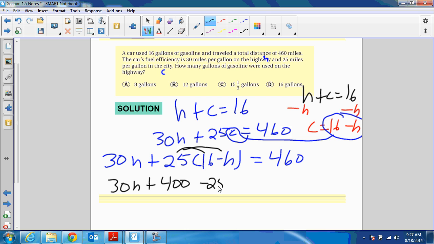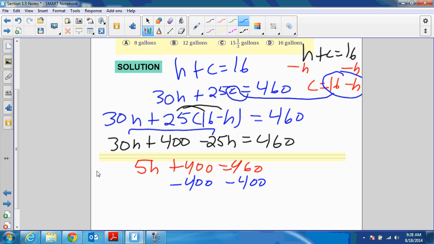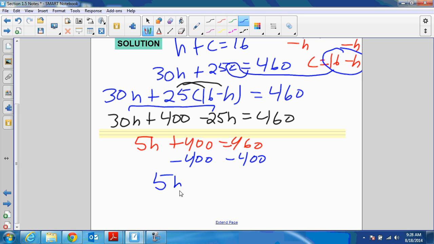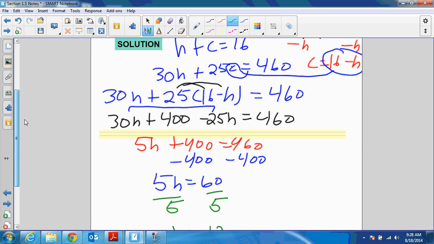And then minus 25H, which equals 460. And then we have 30H minus 25H, which is 5H, plus 400 equals 460. So we're going to subtract 400 from both sides to get H by itself, and we get 5H equals 60. Then the last step is to divide by 5. So H equals 60 divided by 5, which is 12. What was the question? 12 gallons.